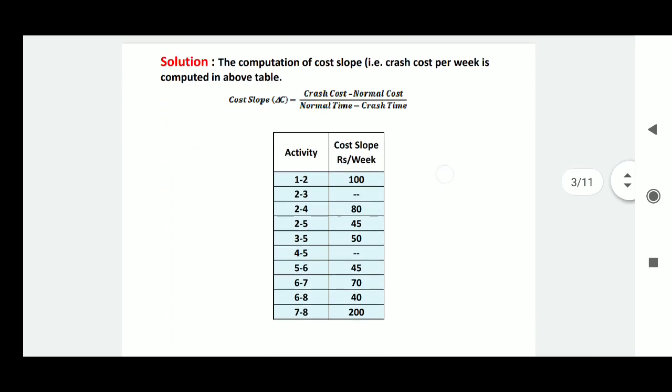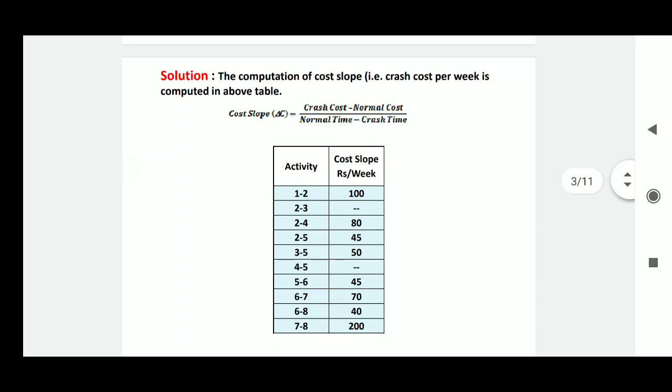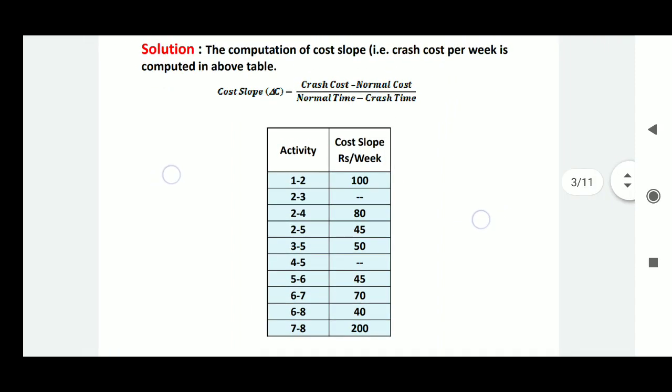You have to first calculate the cost slope. Cost slope is nothing but the crashing cost per week. The formula for the cost slope is crash cost minus normal cost upon normal time minus crash time. Hence for each activity the cost slope is calculated.